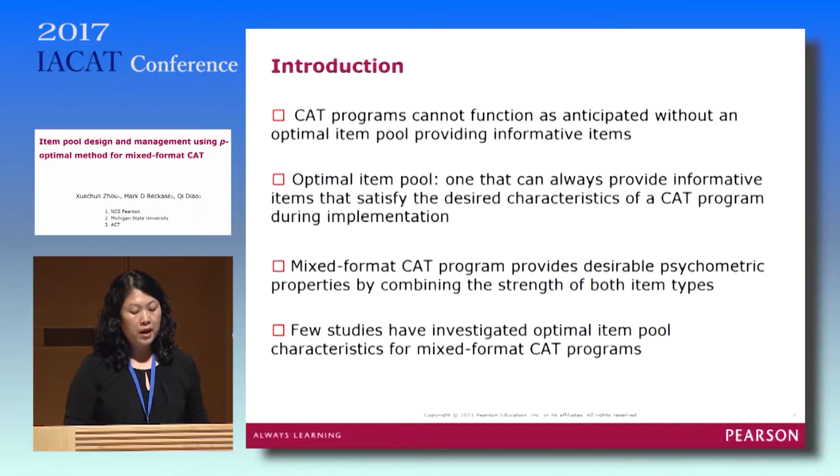A mixed format CAT program provides desirable psychometric properties by combining the strengths of both item types. However, in the research literature, few studies have investigated optimal item pool characteristics for mixed format CAT. Therefore, the study focused on item pool design and management for mixed format CAT programs.